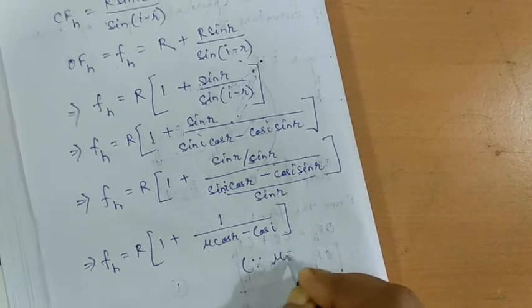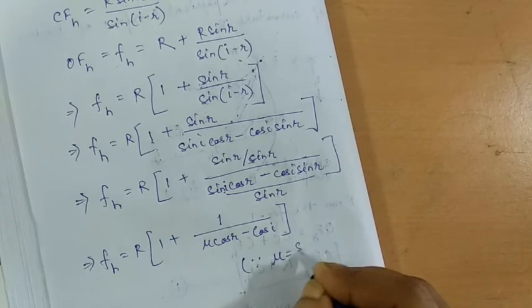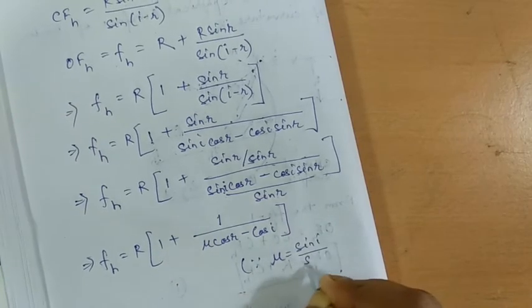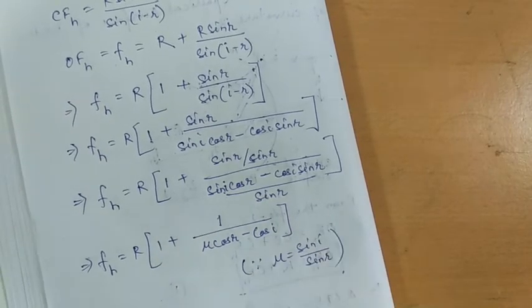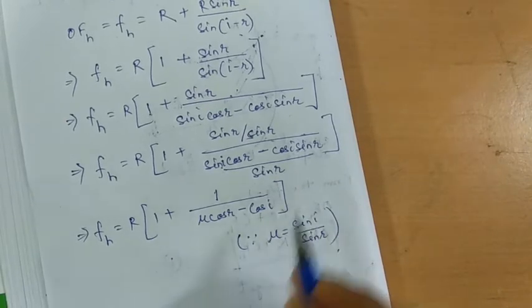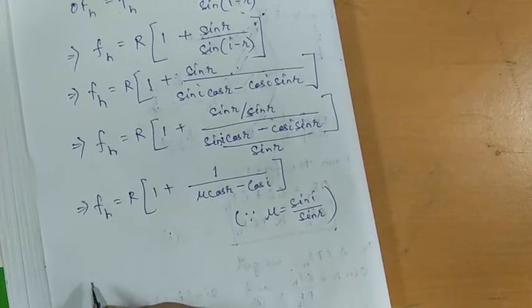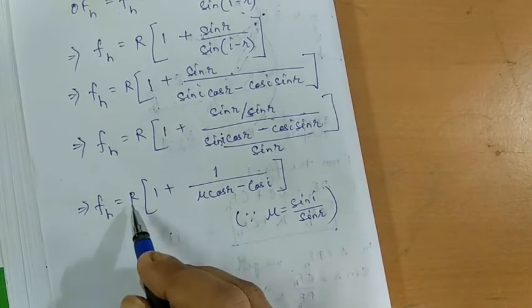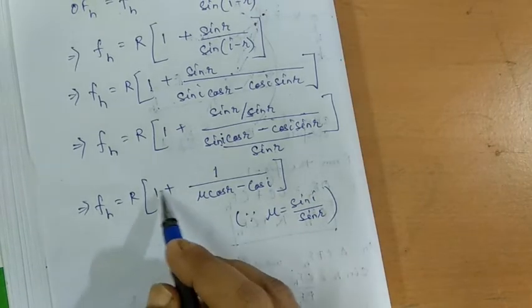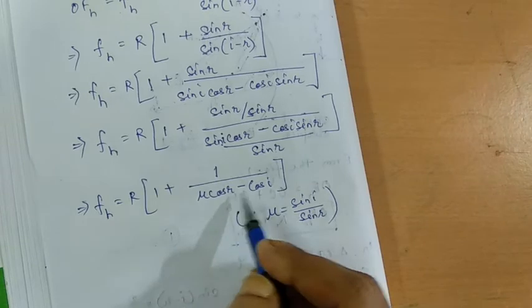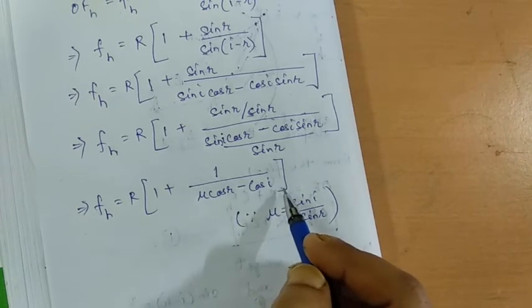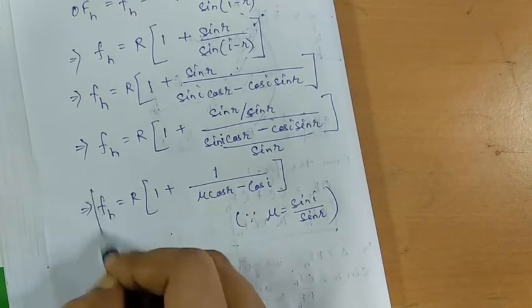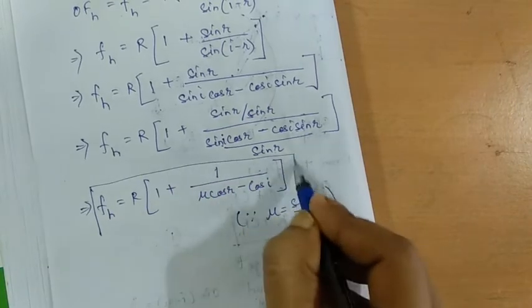So mu is nothing but sin I by sin R. Since mu equals sin I by sin R, you got such a term. So finally FH equals R into 1 plus 1 by mu cos R minus cos I. Let's say this is my equation 5.